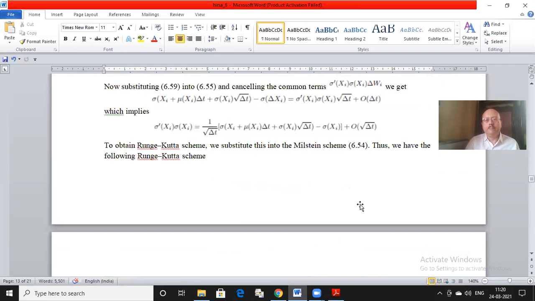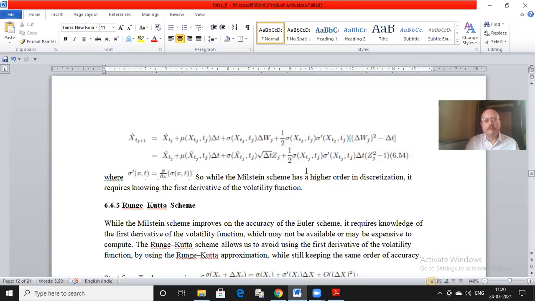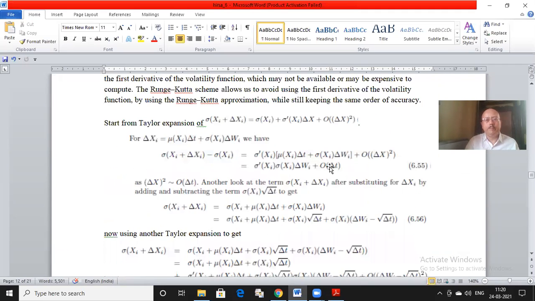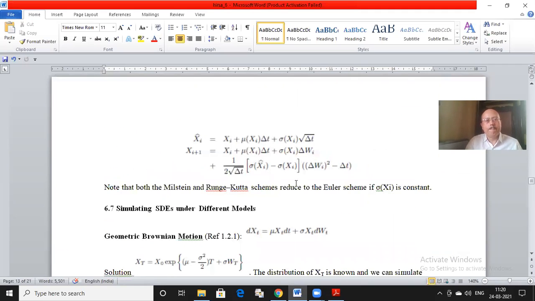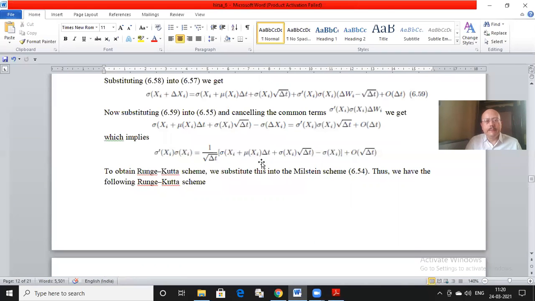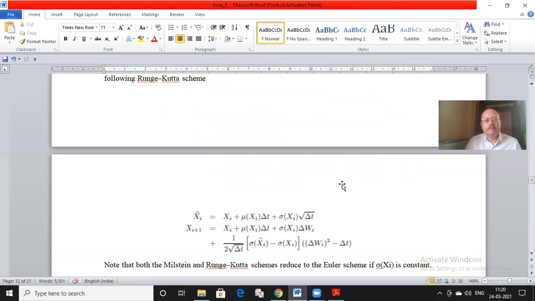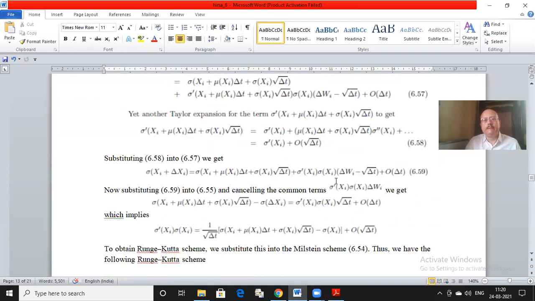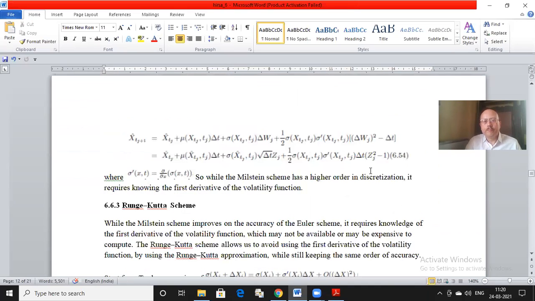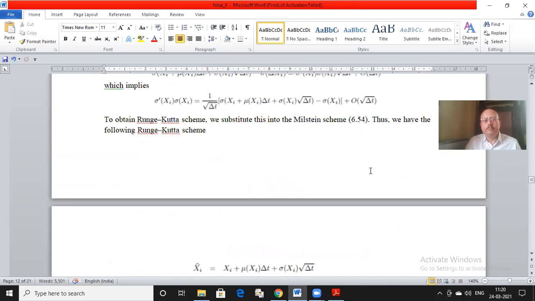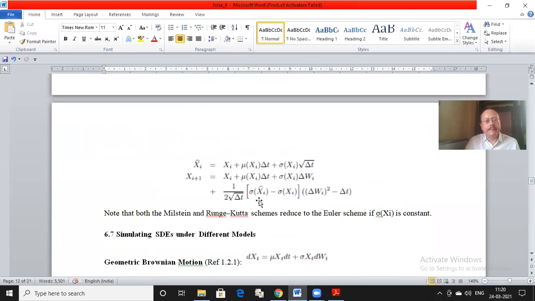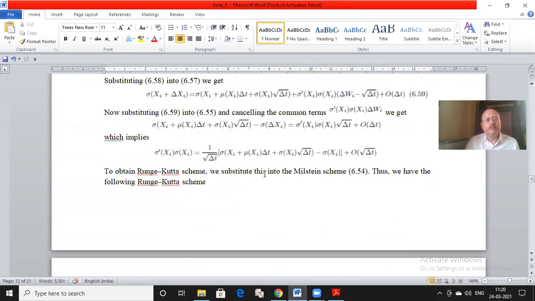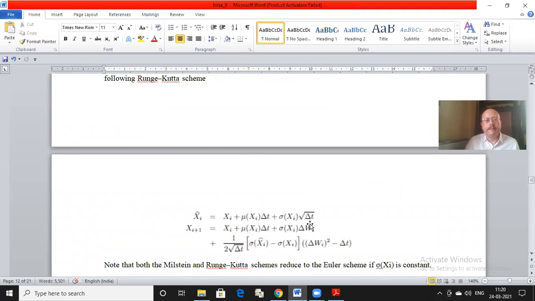The correction term in 6.54, the diffusion term involves sigma prime, that will be replaced by this expression here, plus the delta w whole square minus delta t as before, where this xi hat notation is to write a shorthand for this whole argument inside. Xi hat is this point.